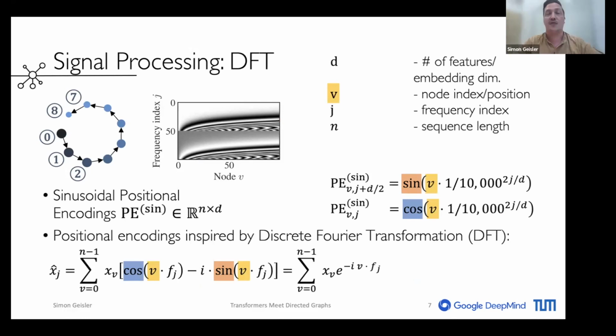Yeah, I should probably clarify. Of course I need to know the node position, and then I have some equations to calculate those sinusoidal position encodings. Afterwards, I can permute those, right? Once I have the encodings. But of course, to obtain the encodings, I need this order, right? So to encode the first node in the sinusoidal position encodings, I'm plugging in the node index position.